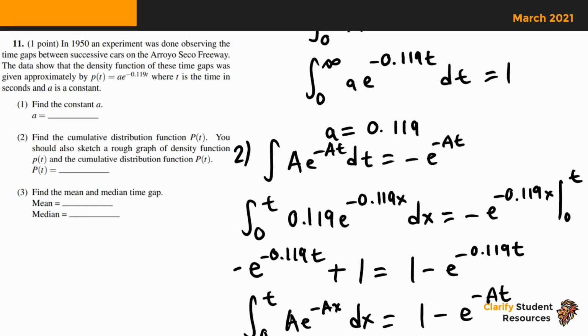Yeah, so I was basically saying that whenever you integrate this, which is 0 to t of a e to the negative ax dx, you're always going to end up with 1 minus e to the negative at. So that's kind of a common pattern you can memorize, because it normally does pop up on the exam. So that's how you do that one.